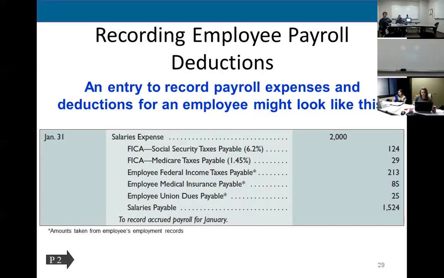Okay, so your gross pay, salaries expense, $2,000. Now we are going to deduct the FICA Social Security, FICA Medicare, the employee federal income taxes that were withheld, employee medical insurance, so here's what you've authorized to be voluntarily withheld, union dues, and your net pay or salaries payable, $1,524.